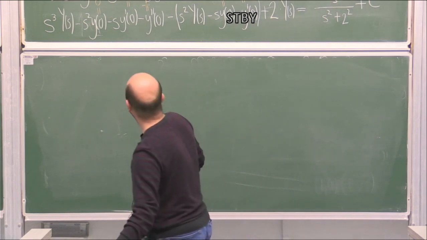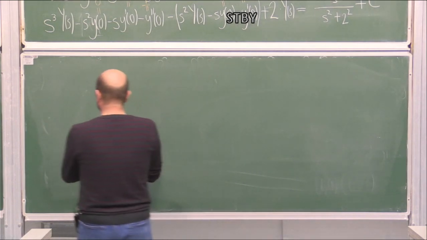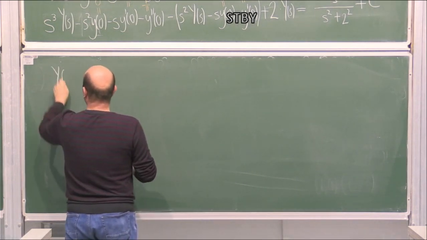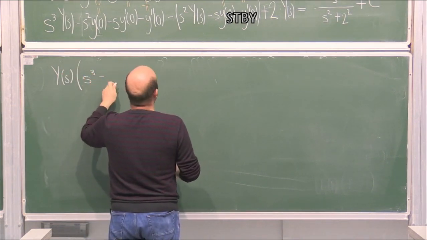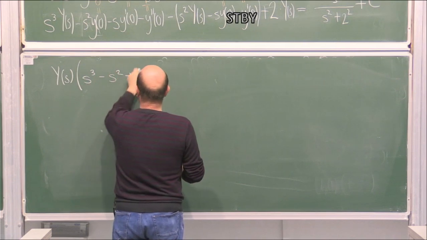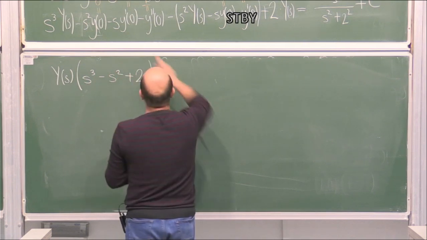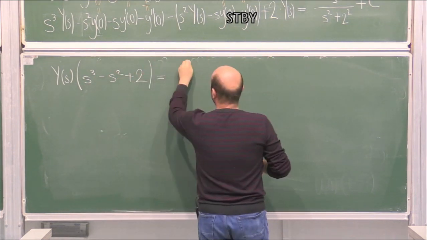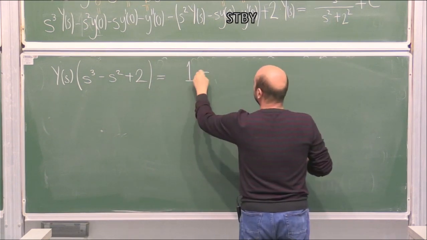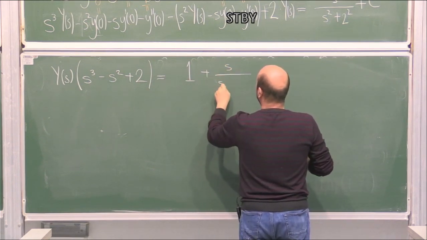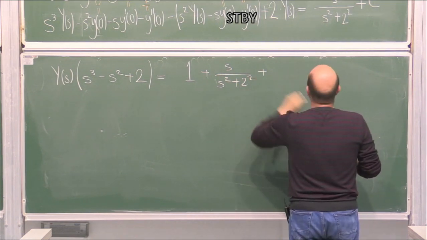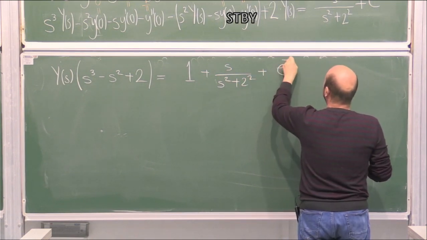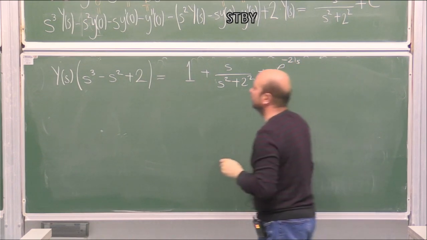So if you look at this, in y of s parentheses, we will have s cubed minus s squared plus 2. On the other side now, 1 goes there, so we have 1 plus s over s squared plus 2 squared plus e to the minus 2 pi s.